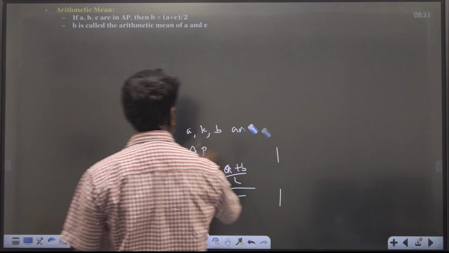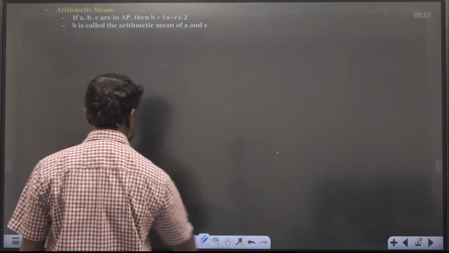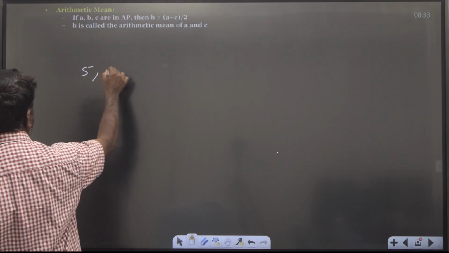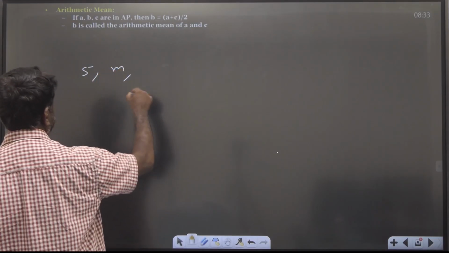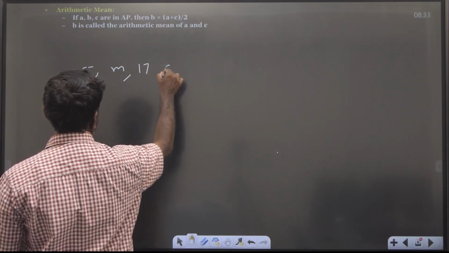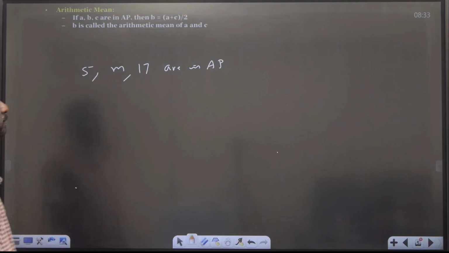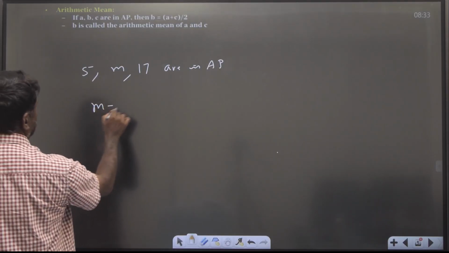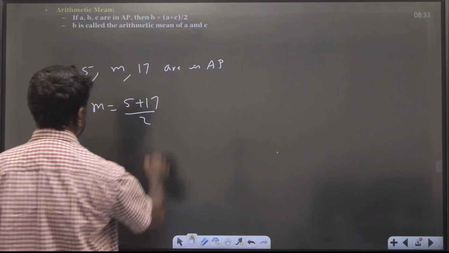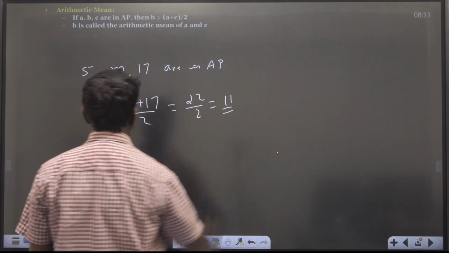I can give you one more example. Suppose 5, m, 17 are in AP. Then what is m? m is equal to (5 plus 17) by 2, that is 22 by 2, that is 11.